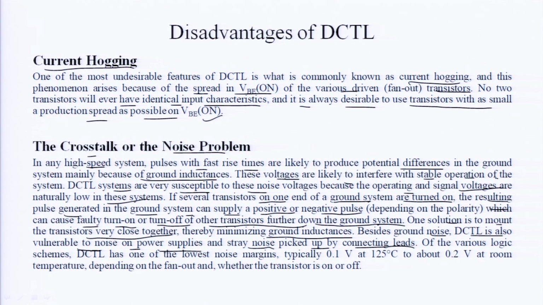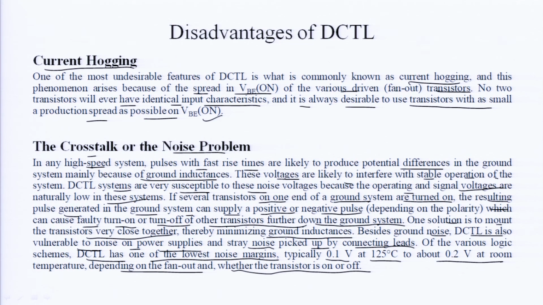Of the various logic schemes, DCTL has one of the lowest noise margins. You have to make this point very clear. The lowest margin can be achieved by DCTL, typically 0.1 volt at 125 degrees centigrade to about 0.2 volt at room temperature, depending on the fan out and whether the transistor is on or off.